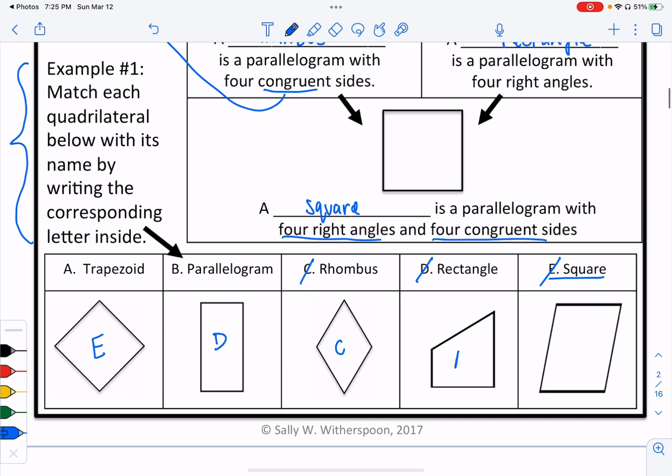This one is a trapezoid because it has at least one pair of parallel sides. And this one is just a parallelogram. It really has no more specific name than just a parallelogram. Okay, so make sure you have this page done and go on to the next page when you're ready.